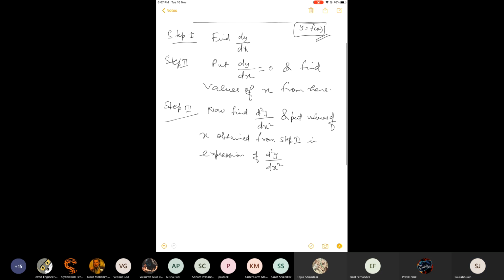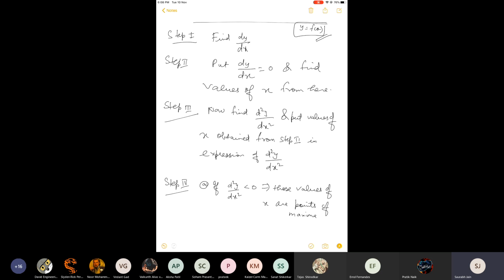Finally, there are three possibilities. Step 4, if d2y by dx square is negative, this implies those values of x are points of maxima.